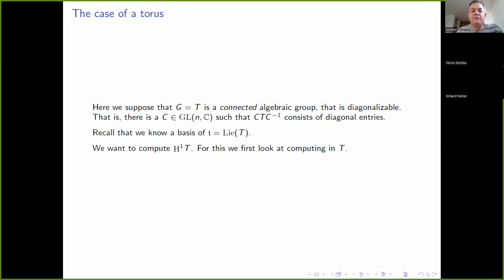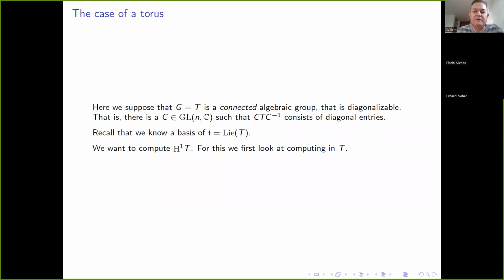The algorithm is slightly complicated, and I will not give all details. There are several cases to consider. A base case is the case of a torus. And what is a torus? A torus is a connected algebraic group that is diagonalizable.